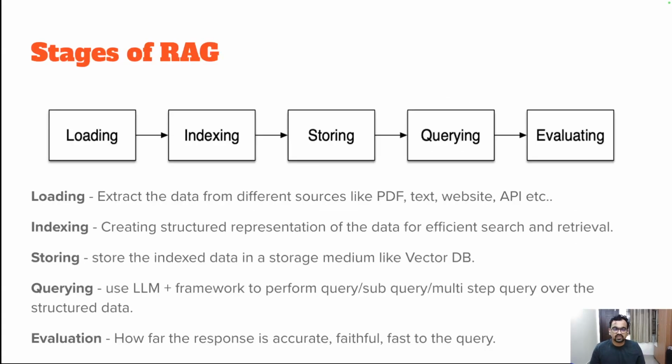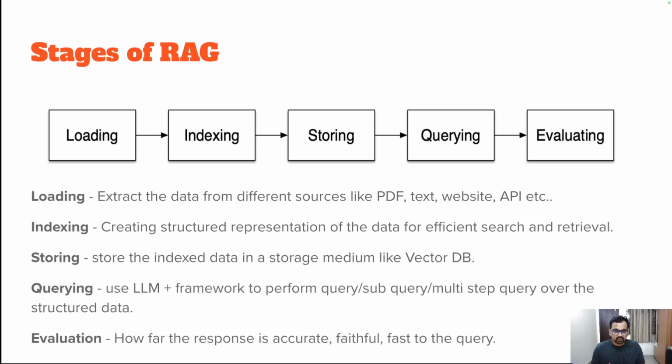There are five stages in RAG: loading, indexing, storing, querying, and evaluating. Loading means extracting the data from different sources. Indexing creates a structured representation of the data for efficient search and retrieval. Storing means storing the indexed data in a storage medium like a VectorDB. Querying uses the LLM plus framework to perform various query strategies like straightforward query, subquery, multi-step query, and hybrid search over the structured data.